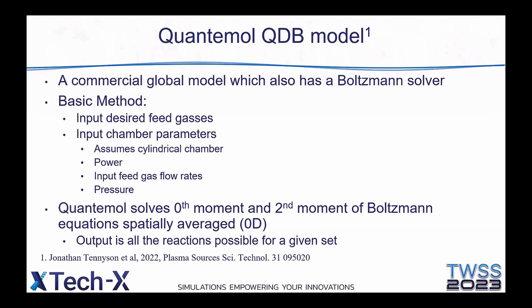And then you need to input the pressure. And this also assumes cylindrical symmetry, this version of the software. And again, Quantemol solves the 0th moment and the 2nd moment of the Boltzmann equation in the spatially averaged case. And the output is all the reactions that are possible for a given set.